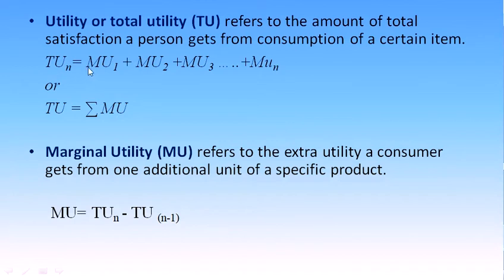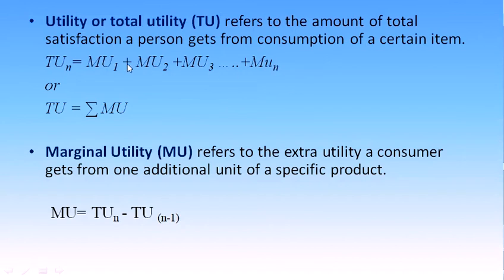Okay, this MU over here in the total utility formula, this TU is total utility. Total utility of commodity N is calculated by adding marginal utility of 1 plus marginal utility of 2 plus marginal utility of 3 plus till whatever number it is.